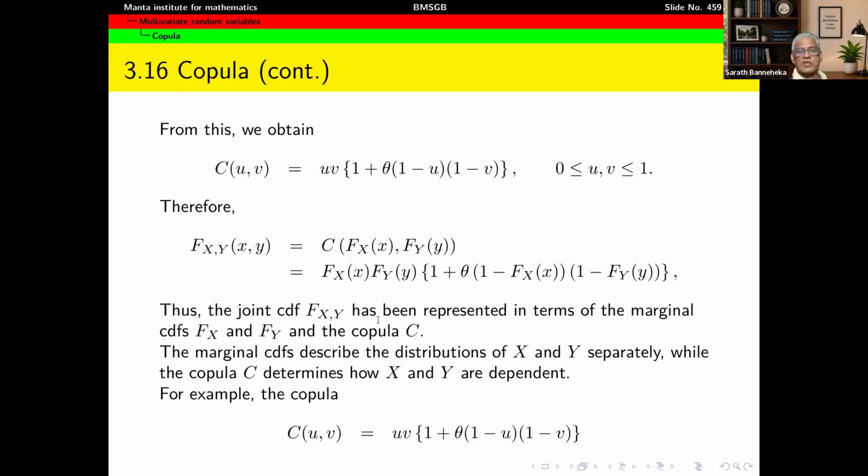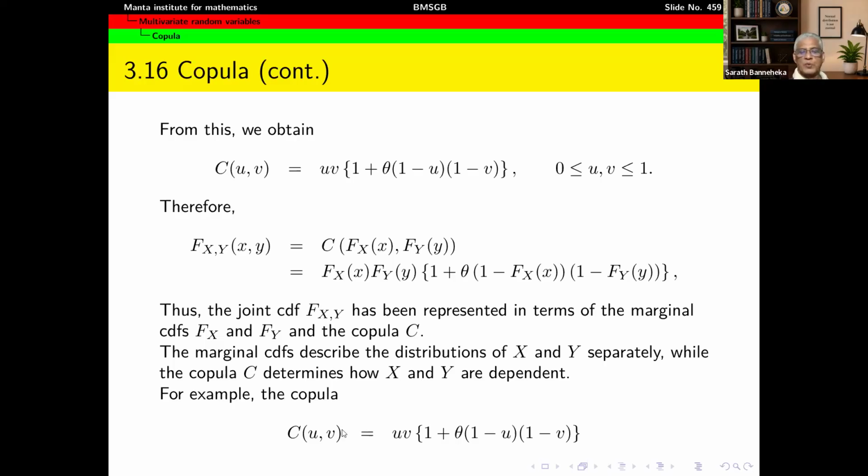Thus, the joint CDF has been represented in terms of the marginal CDFs Fx and Fy, and the copula function itself has been found. The marginal CDFs describe the distributions of x and y separately, while the copula C determines how x and y are dependent. So the dependence structure of x and y is included in this expression.